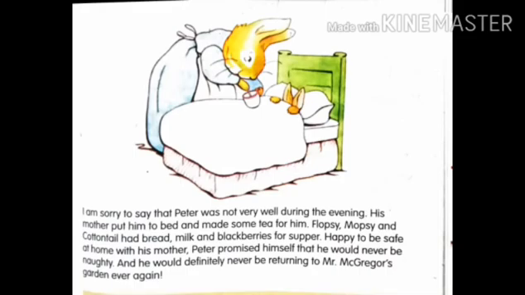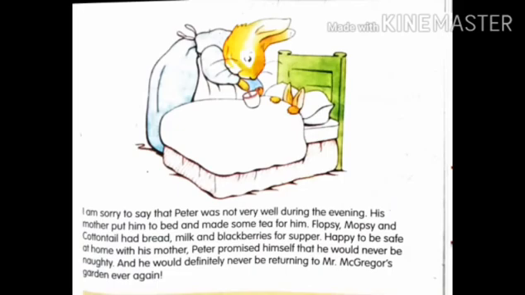Can you see? Yes, just by taking a cup of tea, he slept. And Flopsy, Mopsy, and Cottontail, they enjoyed eating the bread, milk, and blackberries for their supper happily. But Peter, though he ate, he didn't enjoy. He was frightened by eating all those things. Now, happy to be safe at home, he promised to himself, not to his mother, that he will never be naughty again.